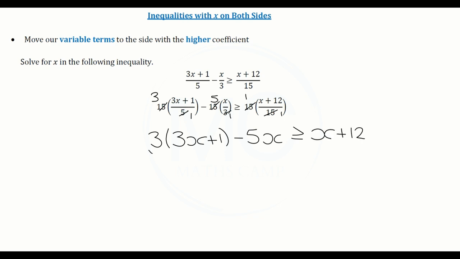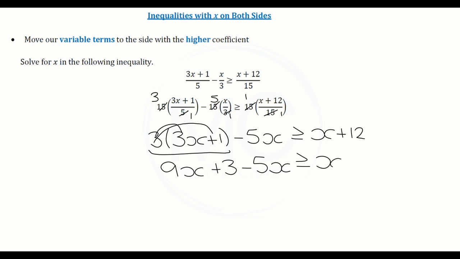Now we can multiply this bracket out. 3 multiplied by 3x is 9x. 3 multiplied by 1 is 3. So we say plus 3. Then we have minus 5x is greater than or equal to x plus 12.